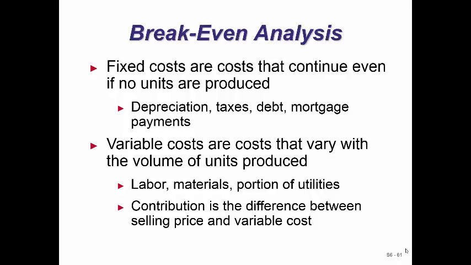And then you've got variable costs that are going to change in relation to, in this case, the number of guests staying there, which translates into labor in terms of housekeeping, materials in terms of laundry, soap, and other things that are used, consumption of utilities from the guests. And the contribution is the difference between the selling price and the variable costs.